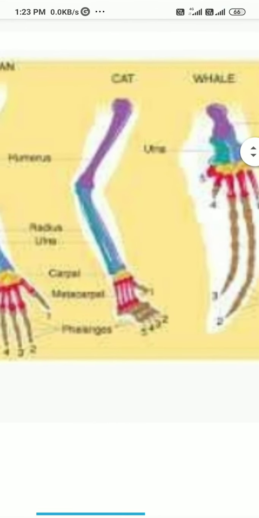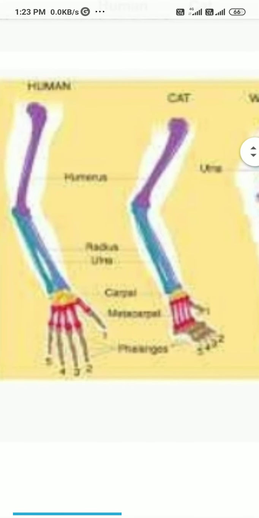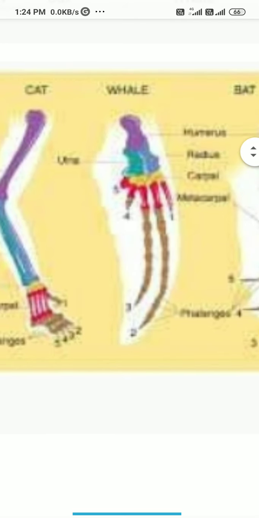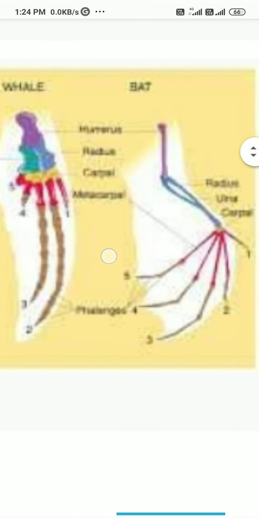the internal structure is similar. Observe here, human hand, here cat's forelimb, whale flipper, and here bat's forelimb. You will observe tremendous similarity in them.